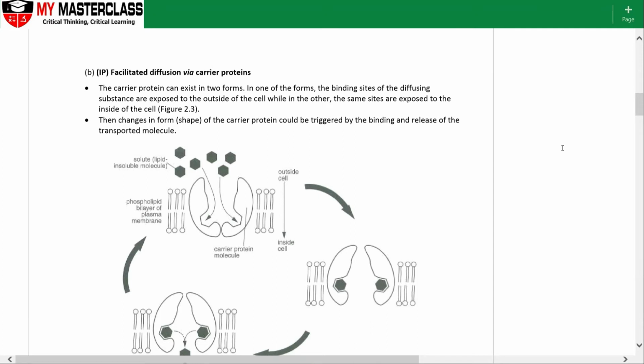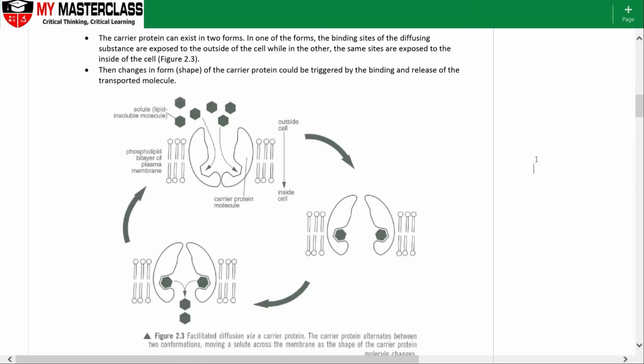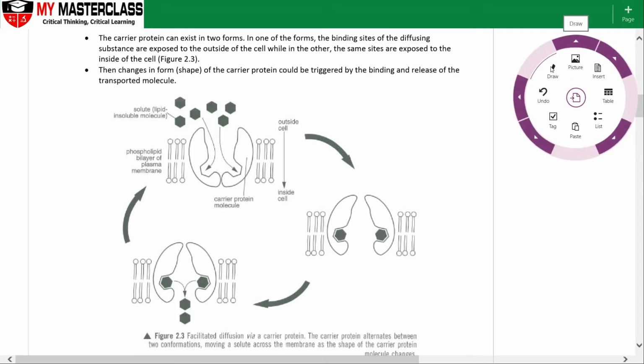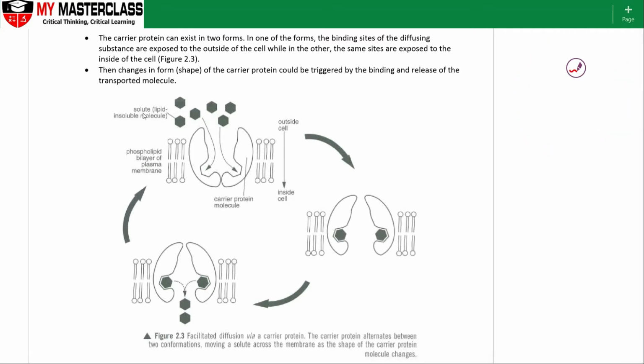Another type is whereby it binds and changes the conformation. Over here you have got a trigger. So you have this lipid insoluble molecule, meaning to say that it is too big. It comes in and binds to here. Once it binds, it will change the conformation.